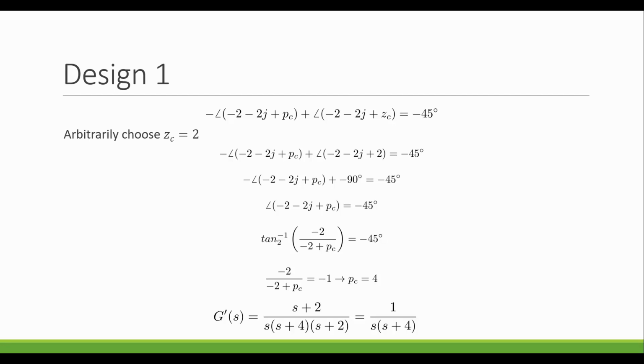See, I have an s plus 2 and s on the top and on the bottom. So effectively, my G' is now down to 1 over s times s plus 4. We'll see what the benefit of this was by choosing a 0 that was also one of my open loop poles. So now I can take this G' and go into MATLAB and make my root locus.